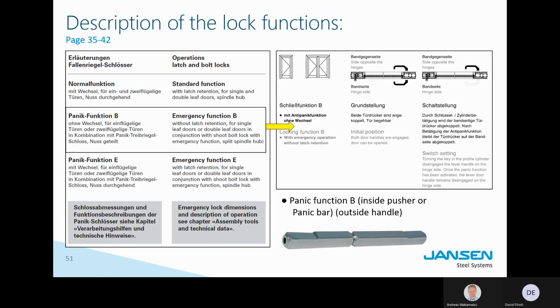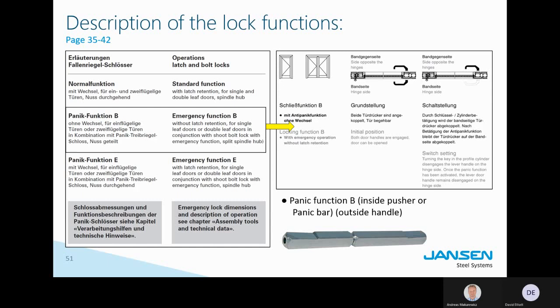The emergency function B allows you to leave the building in case of fire or emergency, but it will not allow you to enter the building again. So you cannot re-enter the building. The logic here is when it burns, there is no reason for the user to re-enter the building.